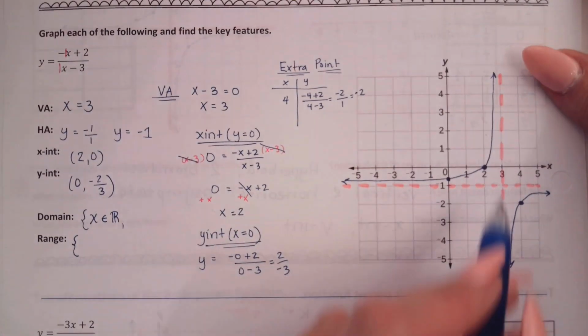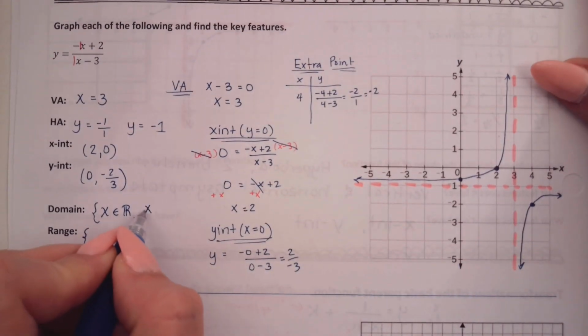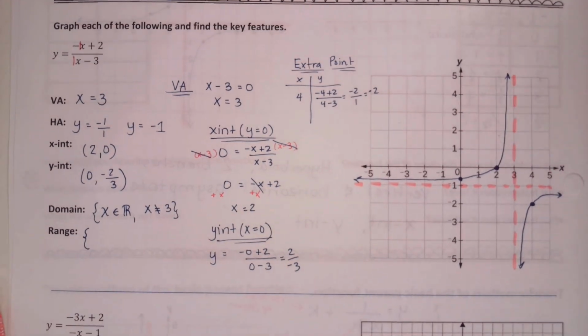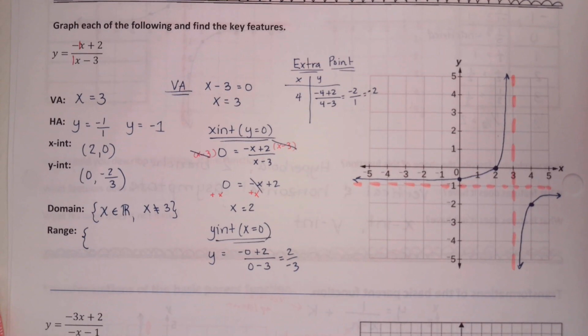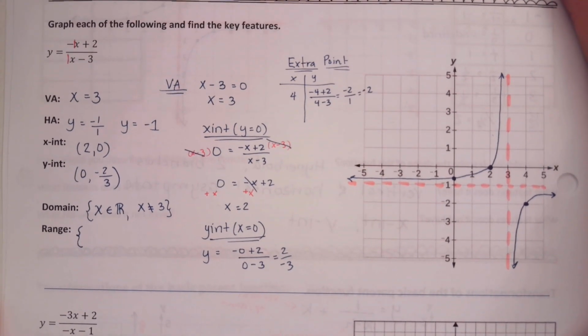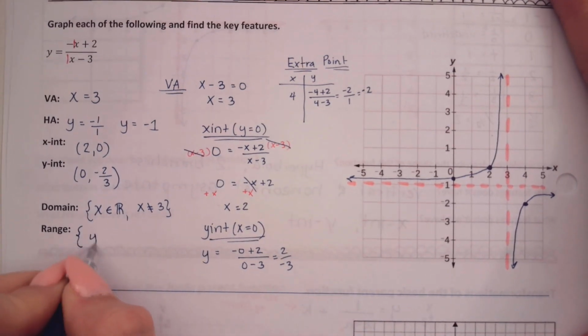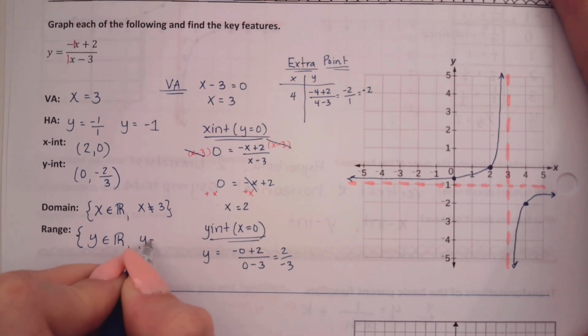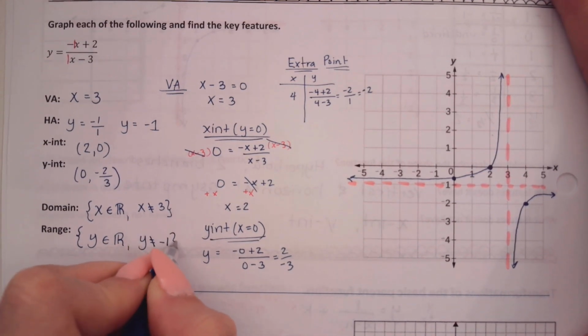It goes left and right forever, except it skips over 3. So I'm going to say x is not 3. Okay, for our range is every single real number except for which one? Negative 1. Good job. Y is a real number except for negative 1.